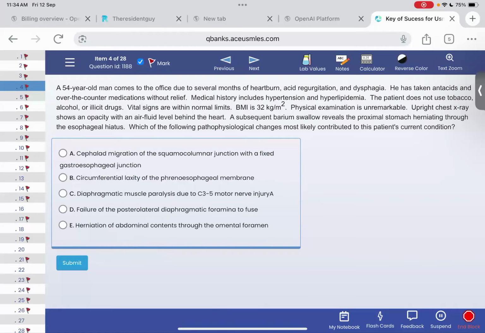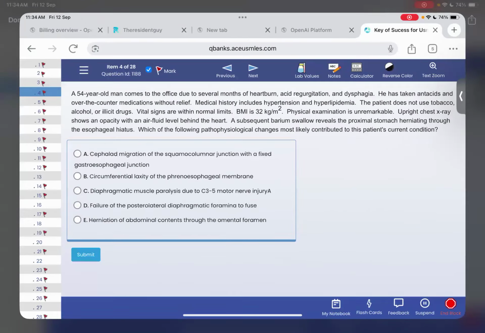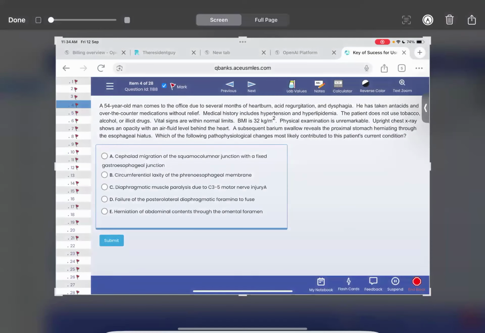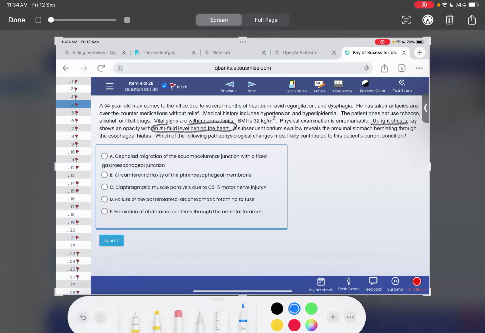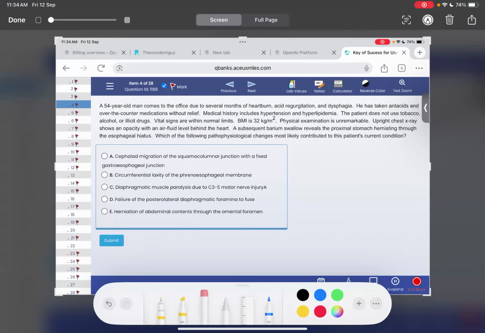Which of the following pathophysiological changes most likely contributed to this patient's current condition? A very simple question. The chest X-ray shows an air fluid level behind the heart. What does it mean?